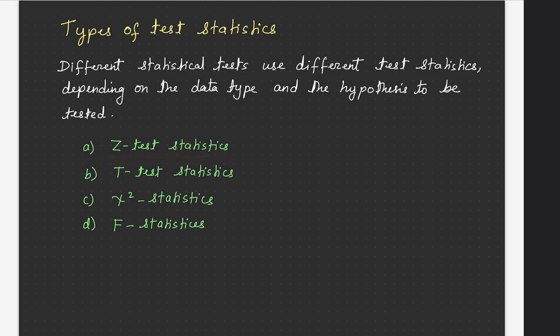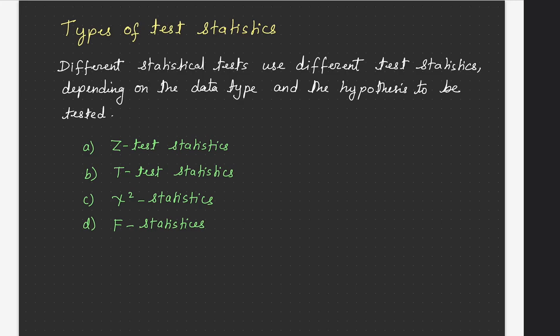Z test statistic, T test statistic, chi-square statistic, and F statistic. If you remember, we discussed these in confidence intervals: Z, T, chi-square, and F. We use Z when the random variable we are interested in is approximately normal.